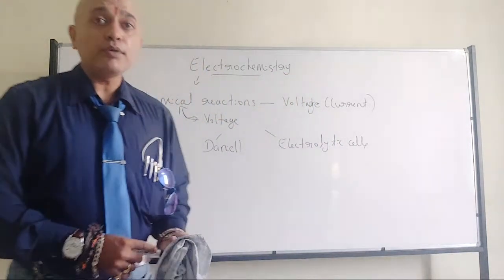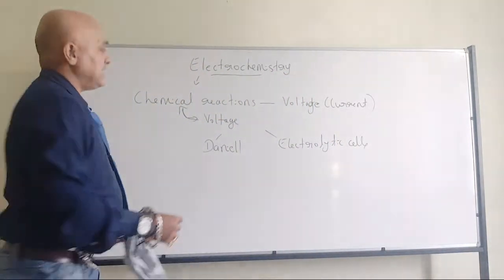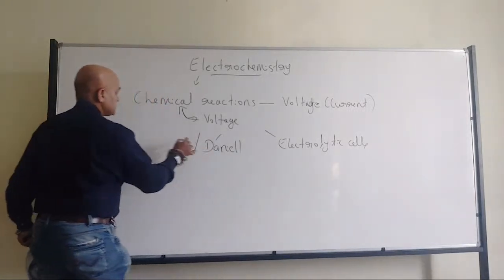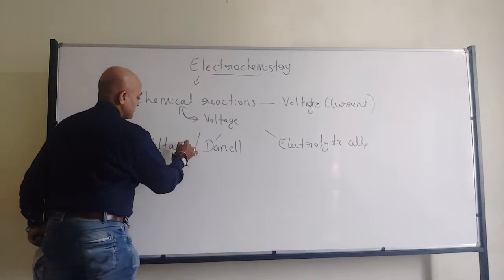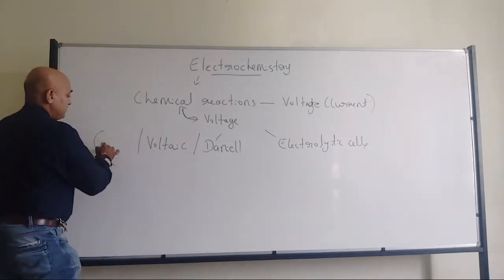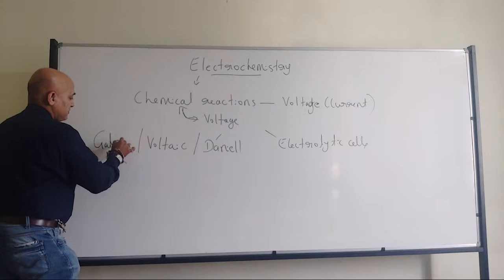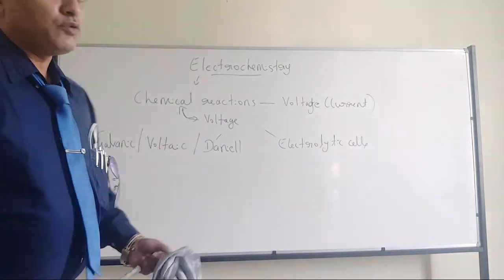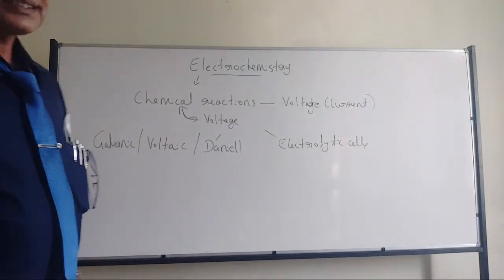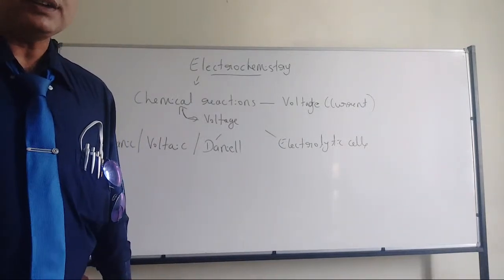When I am talking about Daniell cells, Daniell cell can also be called voltaic cells or galvanic cells. We have many names for the Daniell cell. So voltaic cell, galvanic cell or Daniell cell all together.